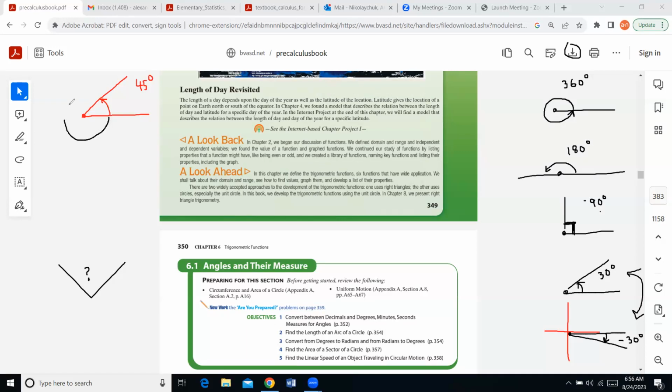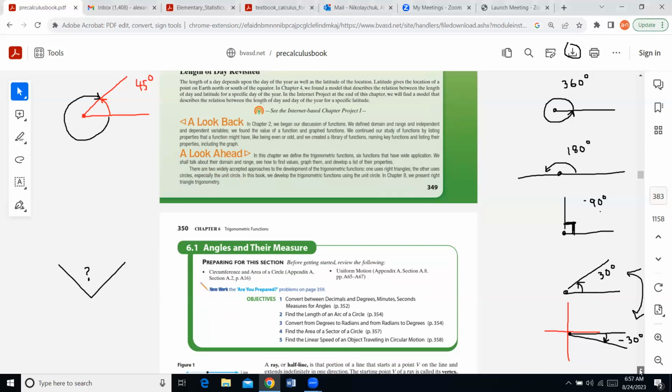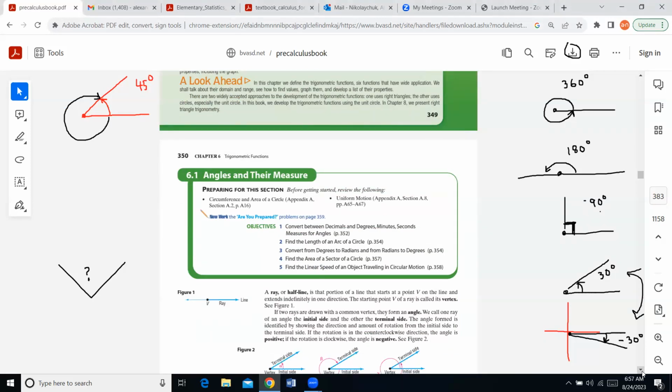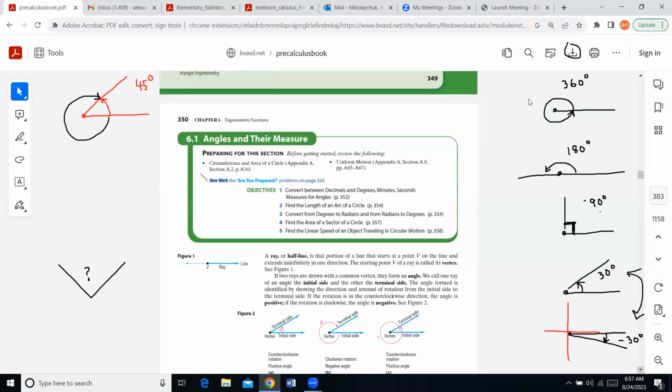So you may say it looks like the sides of this angle are the same. In the book, they call them the initial side and terminal side, where the angle starts and where the angle ends. But it turns out that even though the sides are the same, the angles are going to be different.